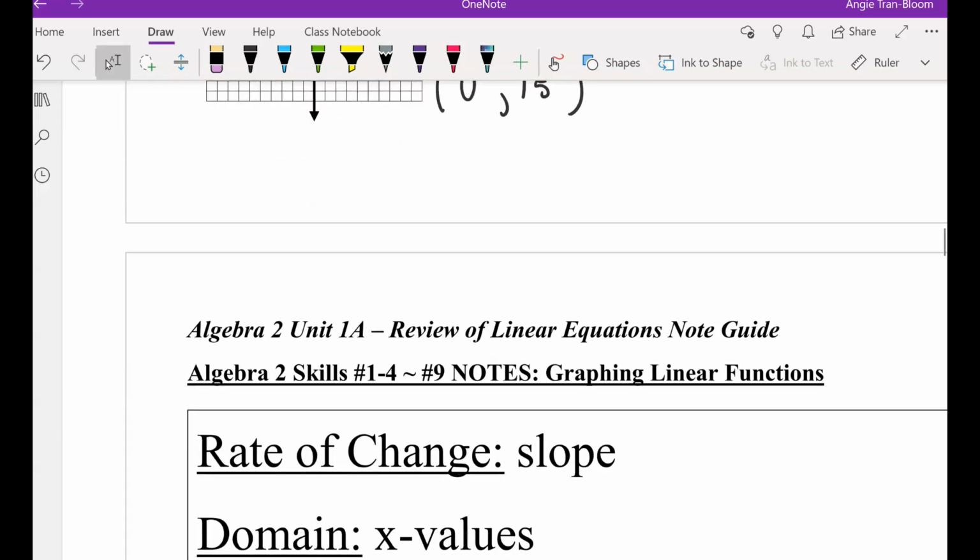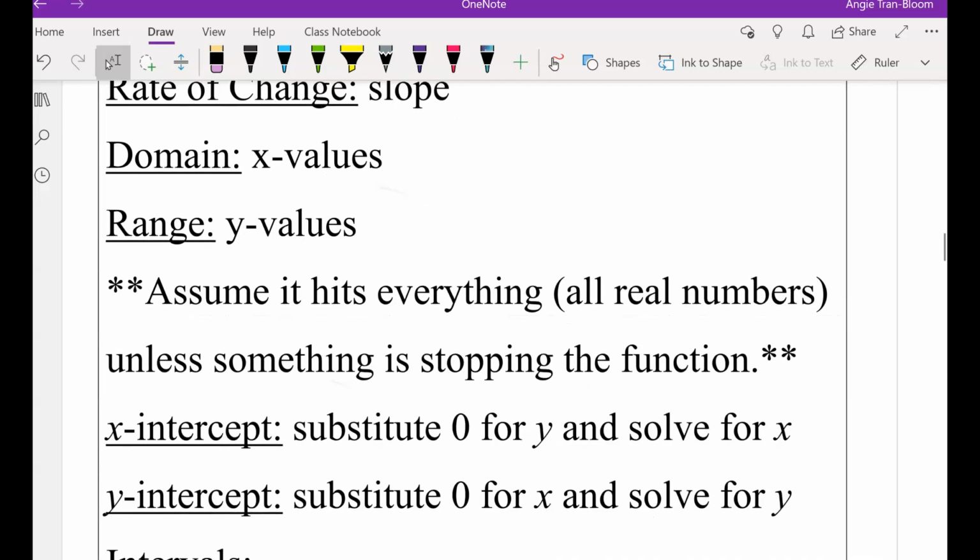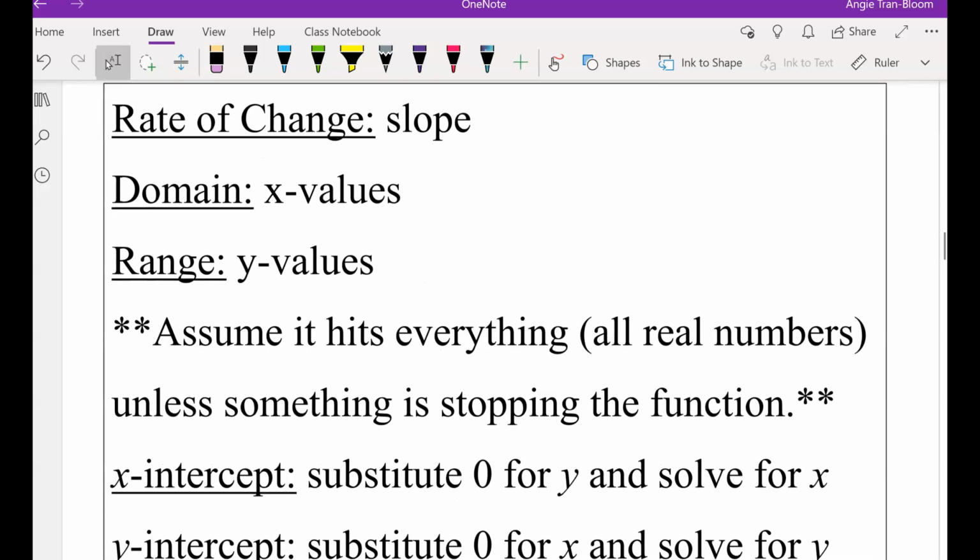More reviews of lines. And you guys already know this, so this will be quick. Rate of change, guys. What is that fancy for? Slope. Someone give me the formula for slope. y2 minus y1 over x2 minus x1.